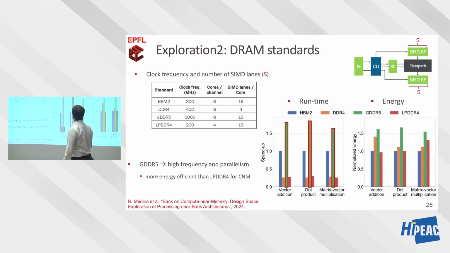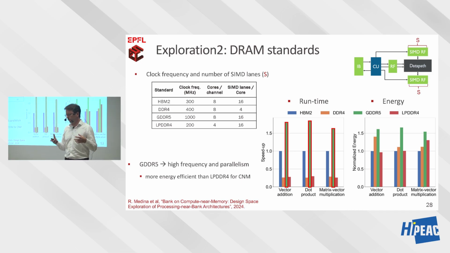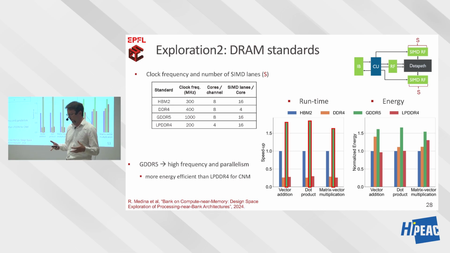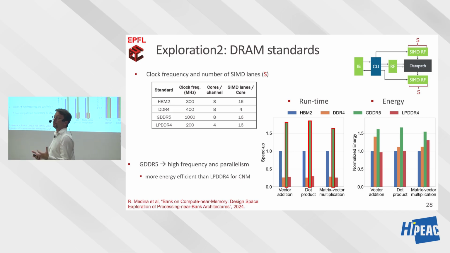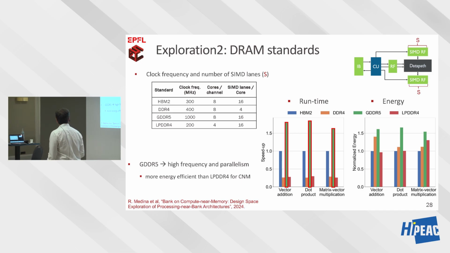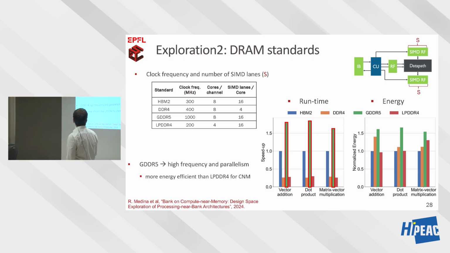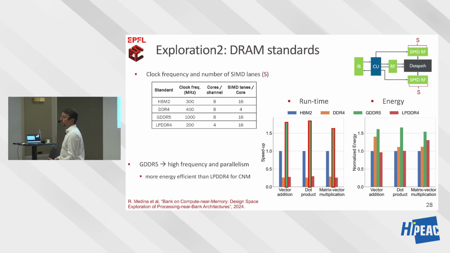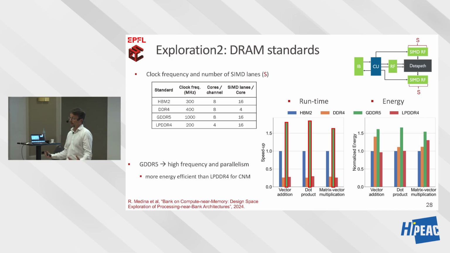Another exploration is to which type of memory we want to interface our computing elements. Because different standards have different numbers of cores per channel and SIMD lanes per core. So at the end of the day, they support different levels of parallelism.